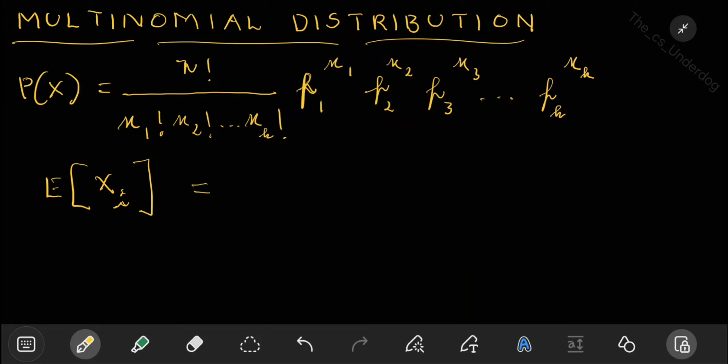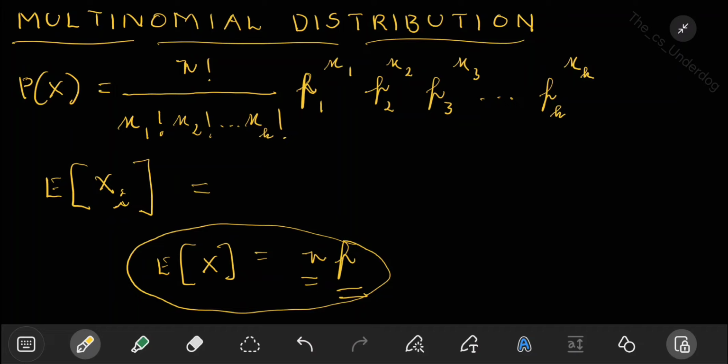See, in case of our binomial distribution, we said expectation can be written as n into p, where p is the probability of success and n is the total number of trials. This was our expectation. In case of multinomial, I'm not deriving the expectation because instead of derivation, it's better you just understand this logically.